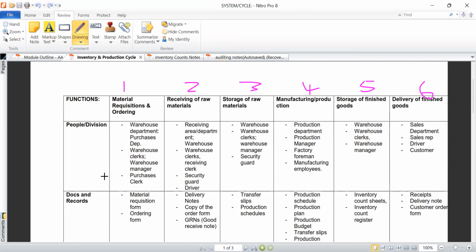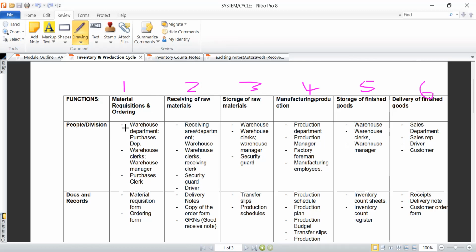Essentially, the objective is to ensure that the organization acquires the required raw material needed for production on a timely basis, and that meets the quantity requirements, the quality requirements, and the set descriptions of raw materials required. Very important. So that is the core behind material requisitions and ordering.